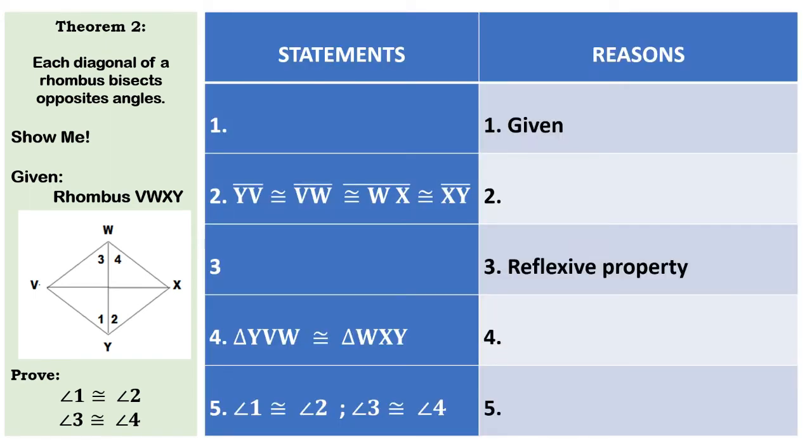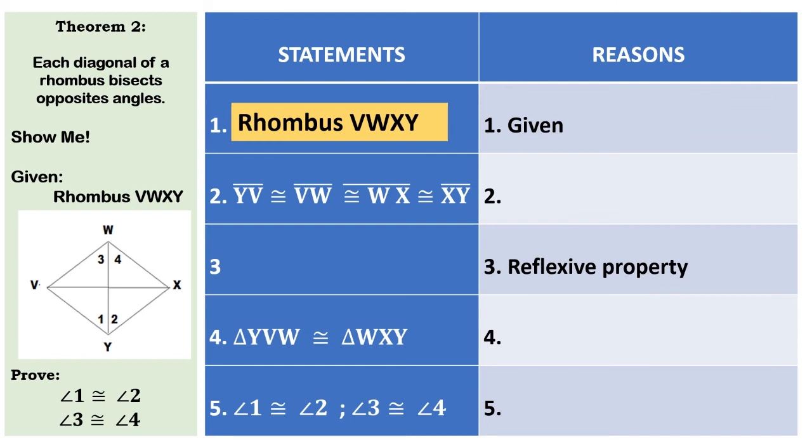Again, let us use the two-column proof. For the first statement, the reason is given. So what is the given? The given is rhombus VWXY. Next statement tells us YW is congruent to WX and XY is congruent to YV.